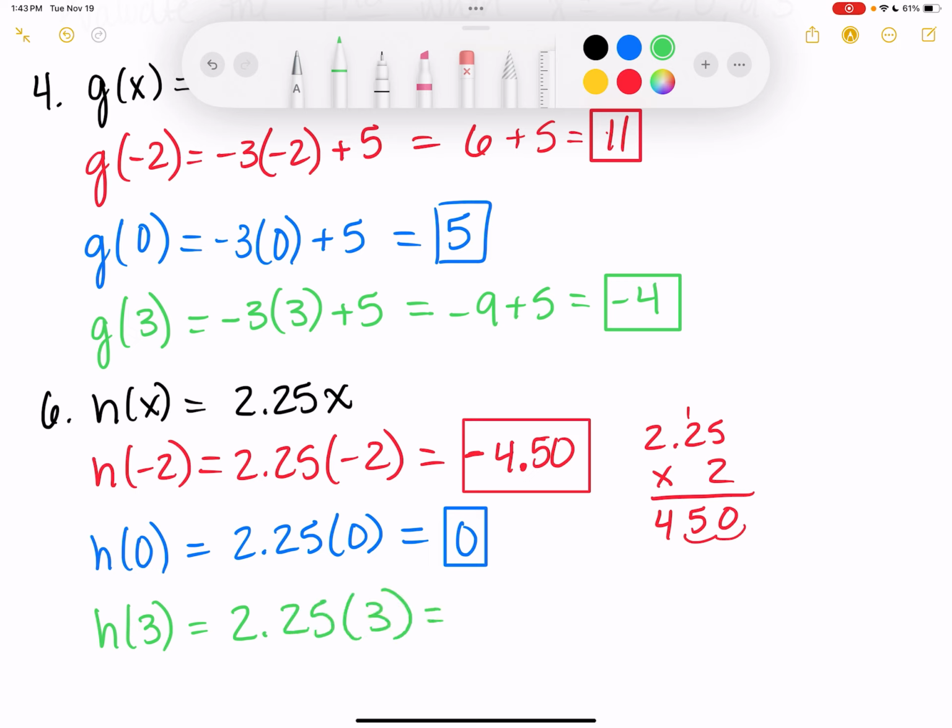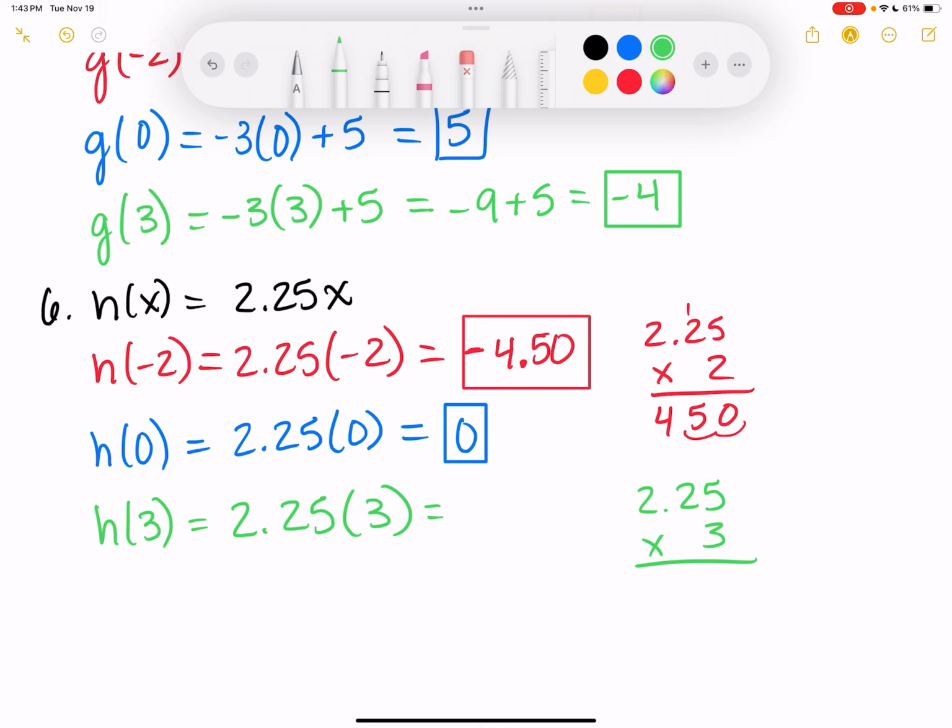So again, if you want to do that off to the side, you can. So 3 times 5 is 15, carry the 1. 3 times 2 is 6, plus 1 is 7. Then 3 times 2 is 6. I have 2 decimal places, so I need to move this over 2. So 6.75 would be the answer for this one.